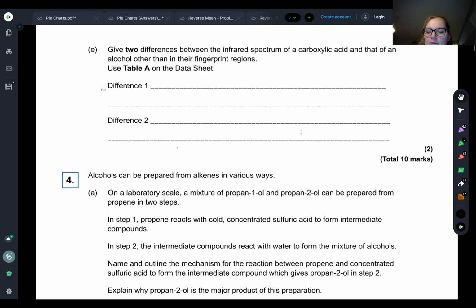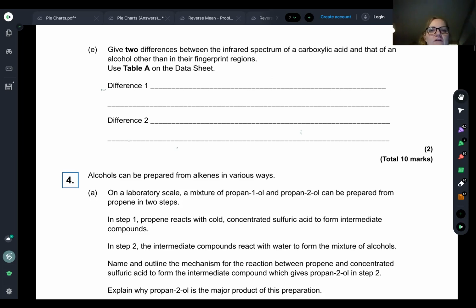If you can't remember IR spectrum, it might be a good chance to look back at that, but I can quickly cover a bit of that next week. It's one of those ways that we can look at the differences of molecules.